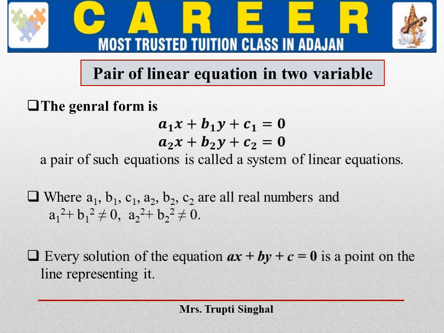Every solution of the equation ax plus by plus c is equal to 0 is a point on the line representing it. If there is a point on a line, it is a solution of the equation.